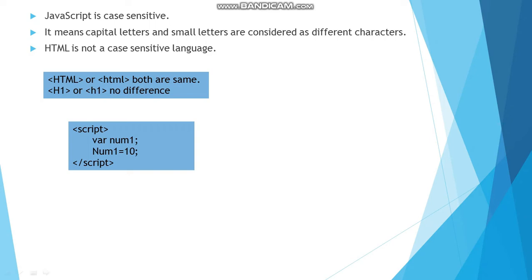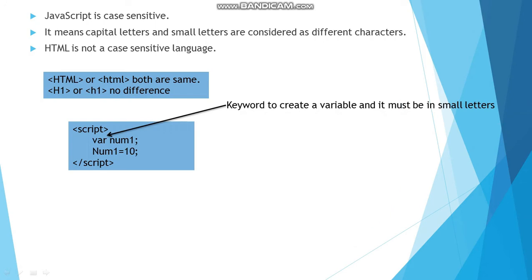So if you want to create a variable, then you have to give var keyword. Remember, this var is a keyword that is used to create a variable. And here var we have to write in small letters. If you write in capital, then it will show you mistake. It's wrong statement.